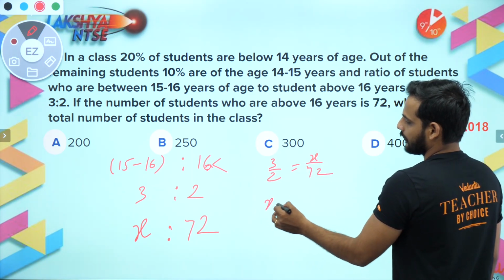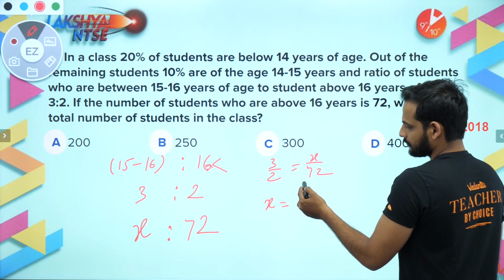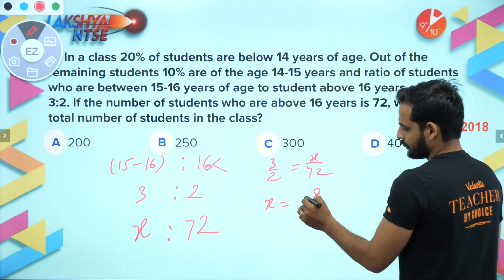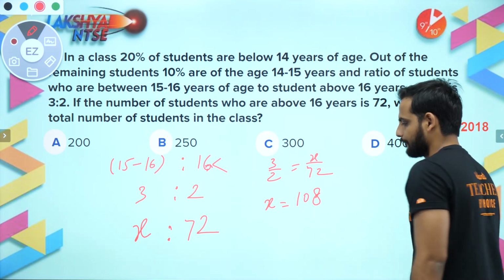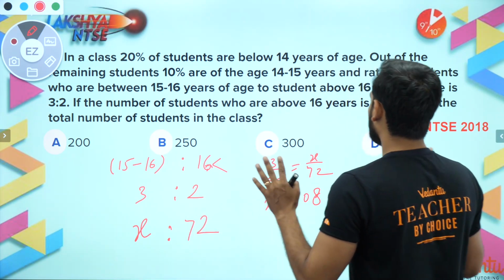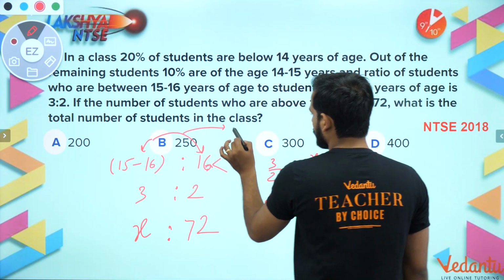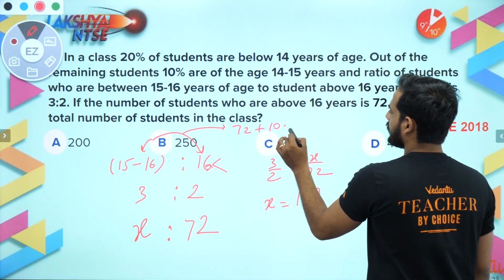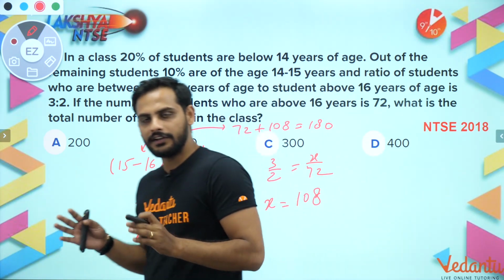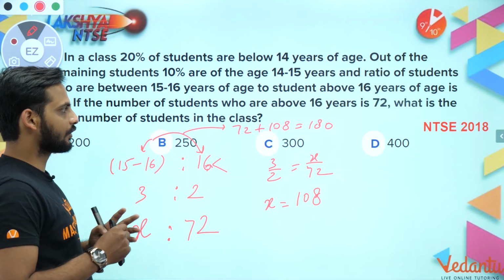So from here you get x is equal to 108. Correct? Till now I know these two groups together are 72 plus 108, which is 180 students. In the 15 to 16 range and more than 16 years, there are total 180.